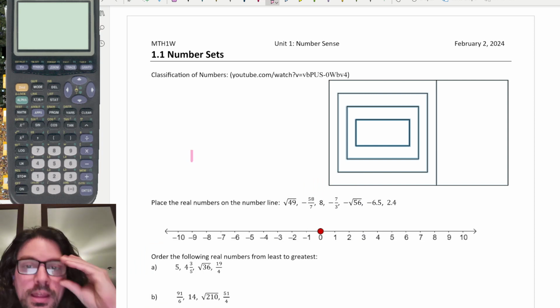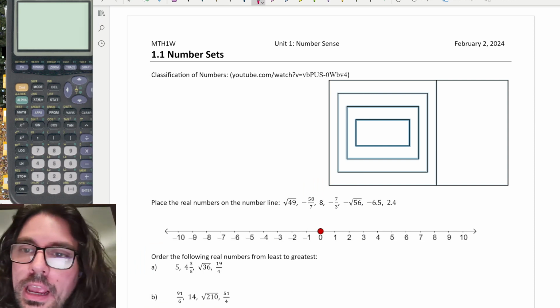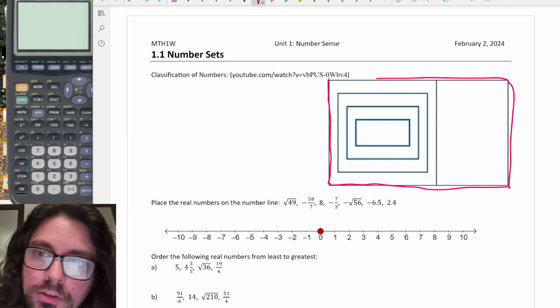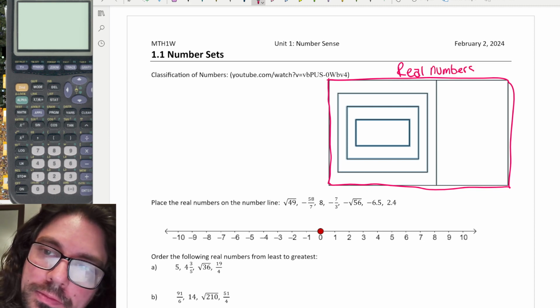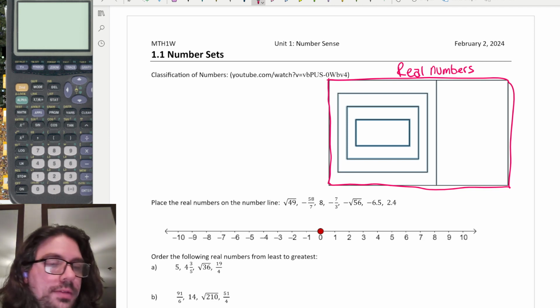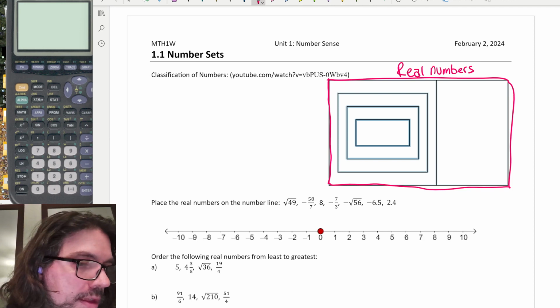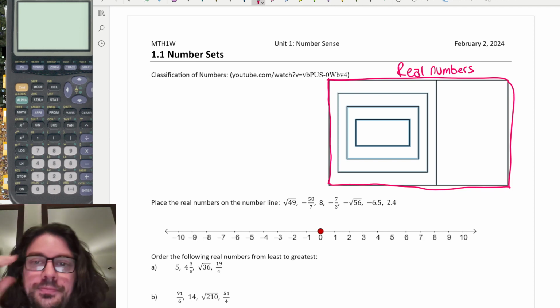Okay, so what we can then say is that this whole box here, this whole thing represents what we call the real numbers, right? And the real numbers literally contain every number that is real.